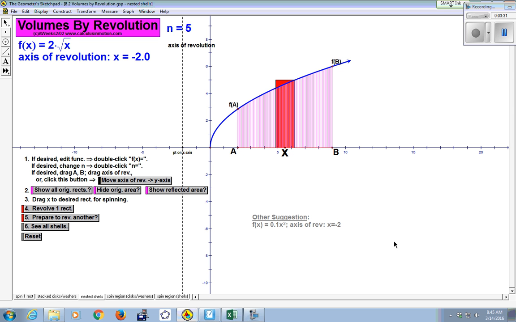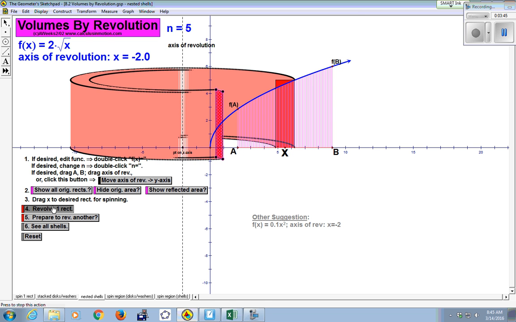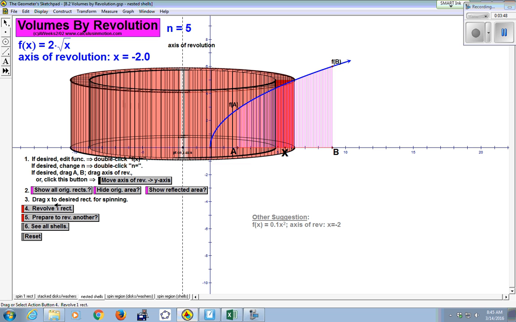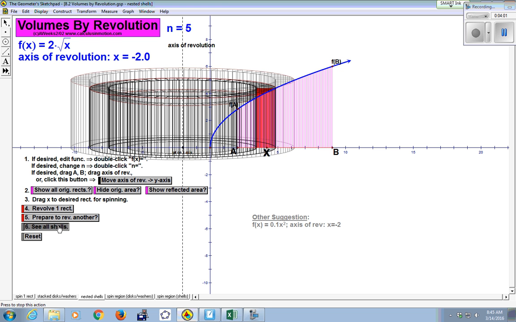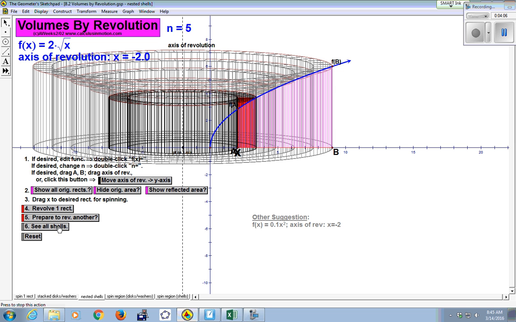So let's just see what happens if I rotate that one rectangle around the axis. I've created this thing that I'm calling a shell. Okay, I've created a shell, and then I'm going to stack all the shells until I've rotated the entire region around the axis. And then you just add them all up.